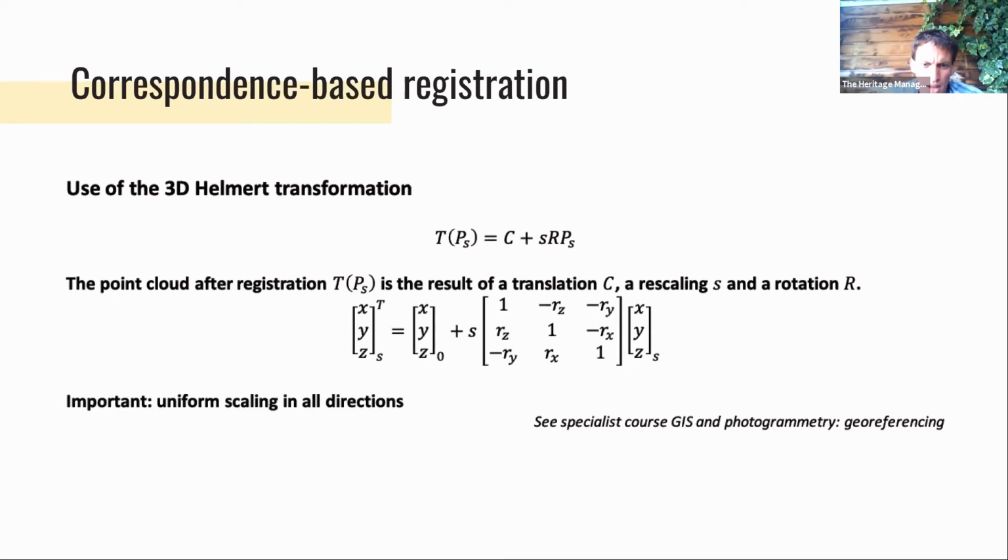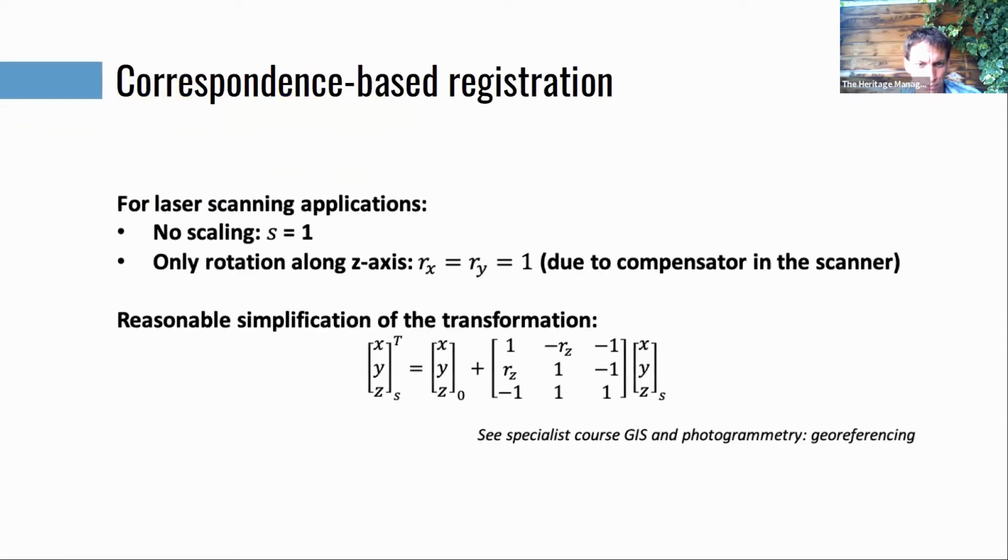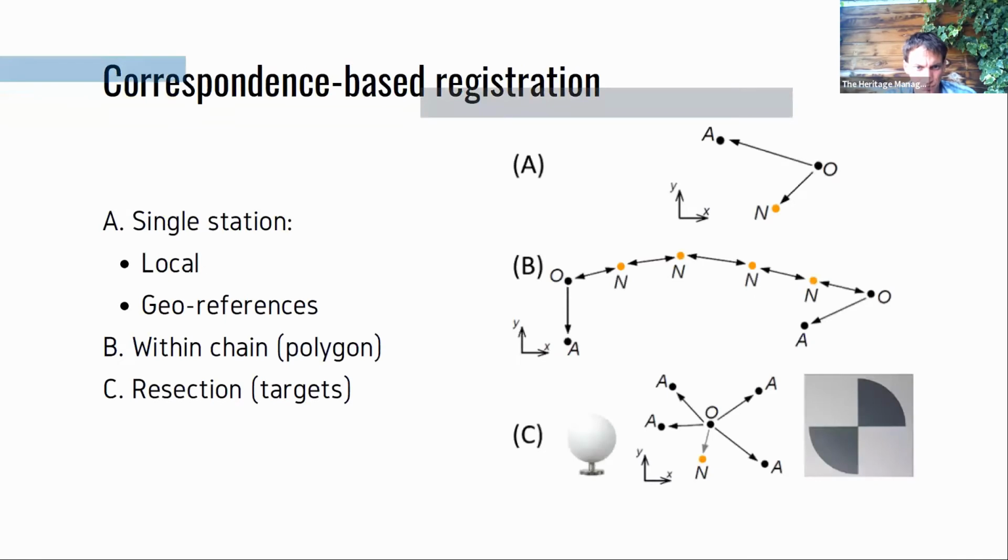This is another very interesting constraint that we can use for our registration. And we have to memorize it because these parameters will come back while working in CloudCompare. So a scale factor of 1, and the rotation will only take place along our z direction. So the equation can heavily be simplified, as you can see here.